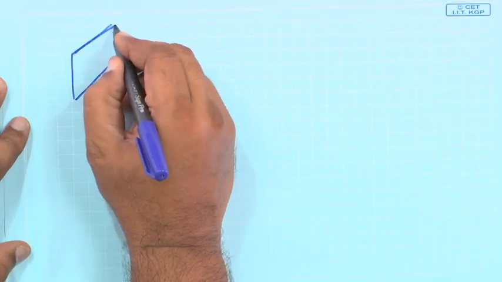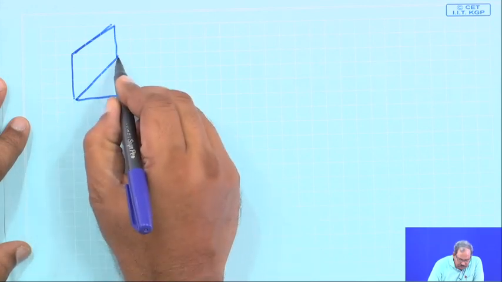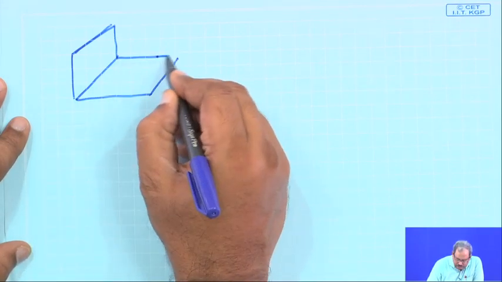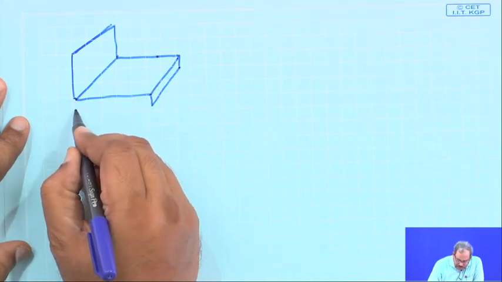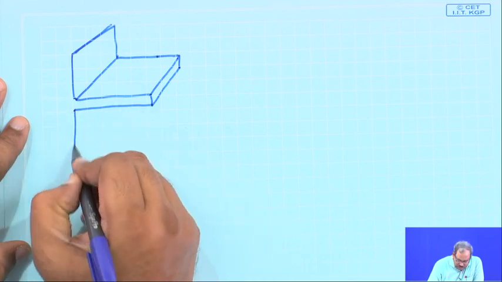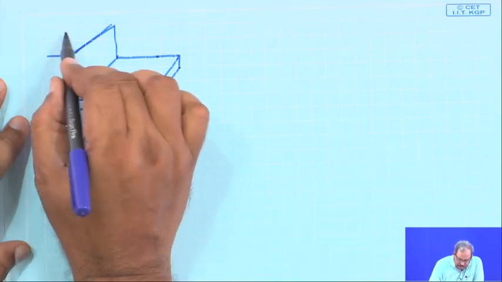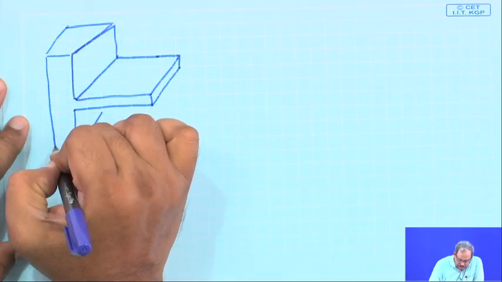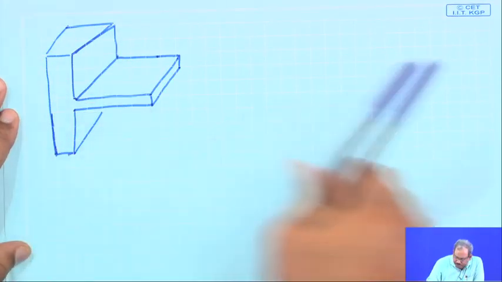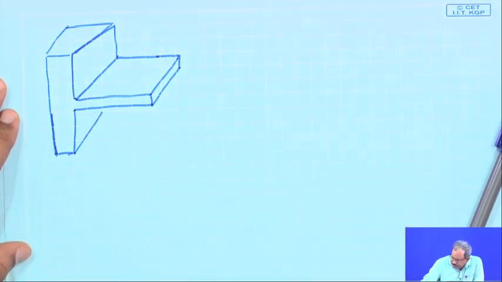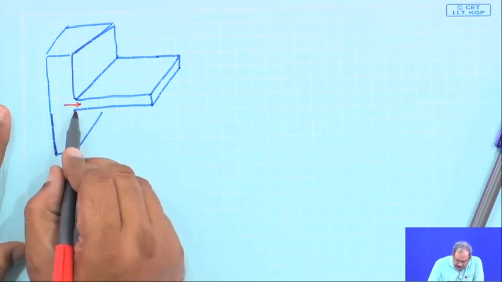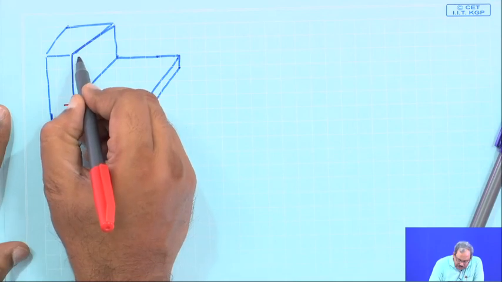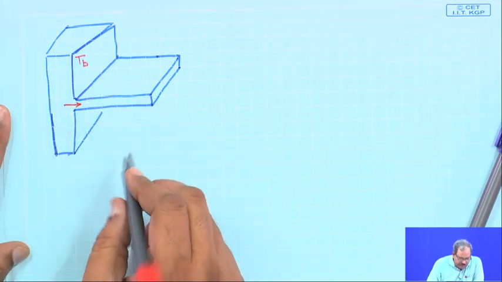So, the first case is a rectangular fin, which looks something like this. This is the direction of heat which is being picked up by the fin from the hot surface, which is at a temperature of Tb, temperature of the base.